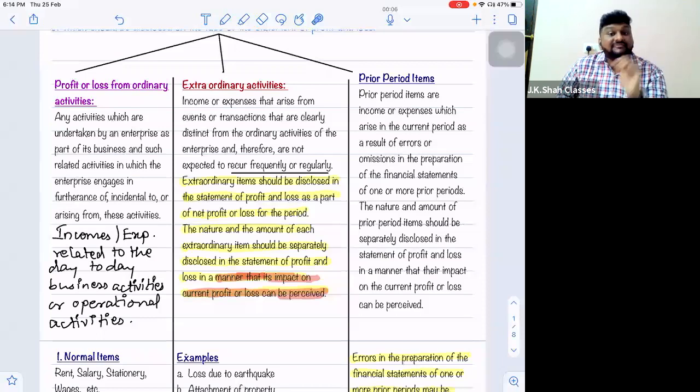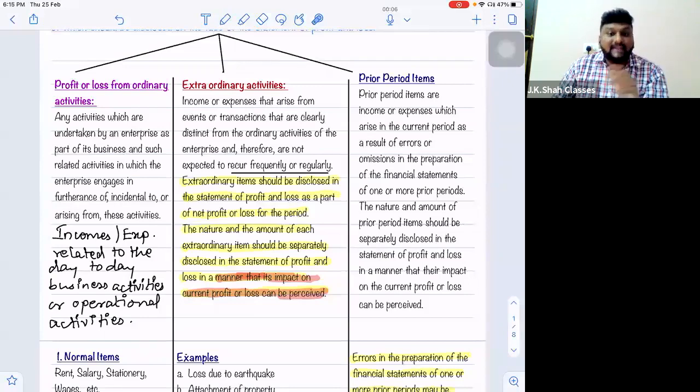They don't recur every now and then. Means I can say they appear once in a blue moon. Can you see a blue moon every day? No, sir. Once in a while we see a blue moon. So these transactions also occur once in a blue moon, and they are nowhere related to your day-to-day business activities. It is completely different. That is why we call them extraordinary items.